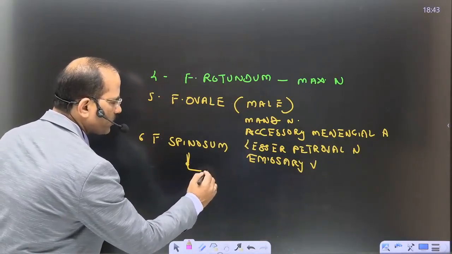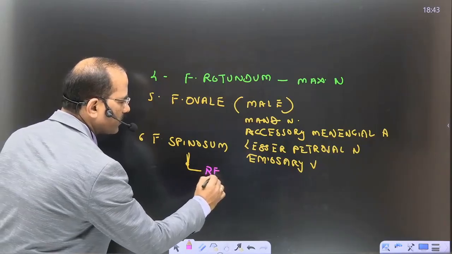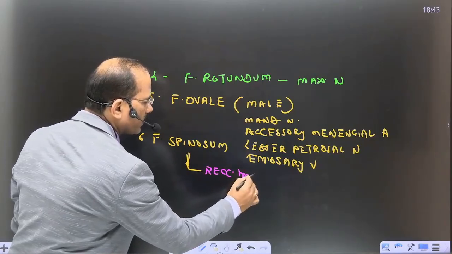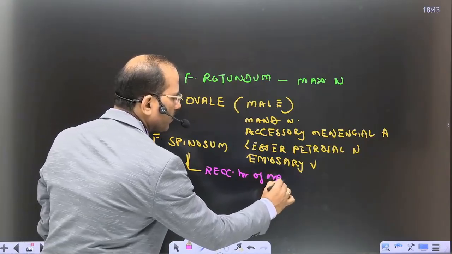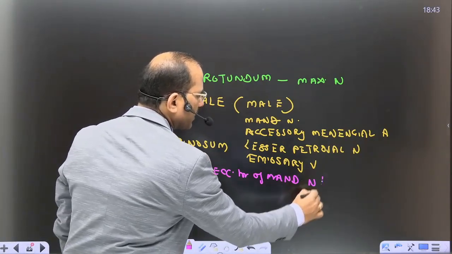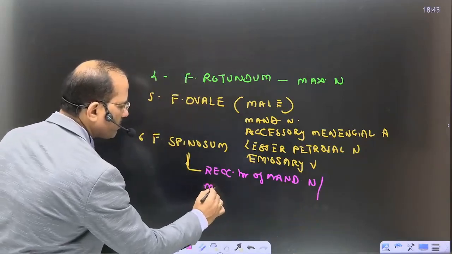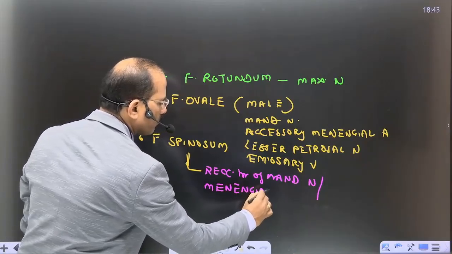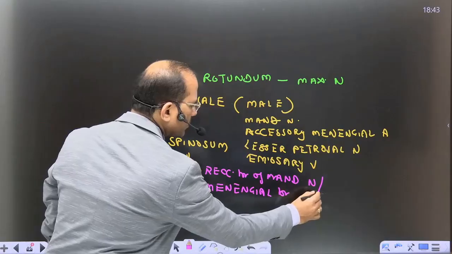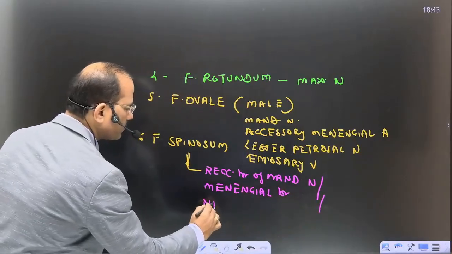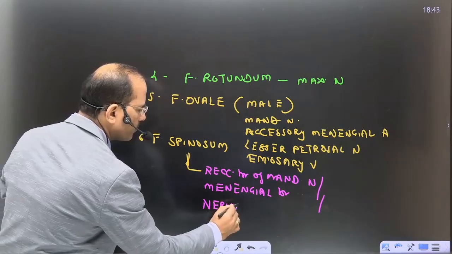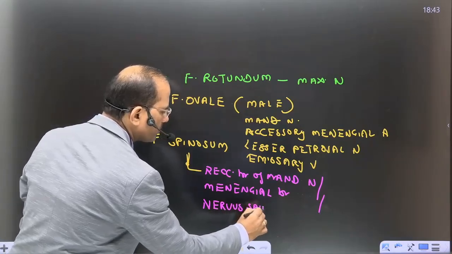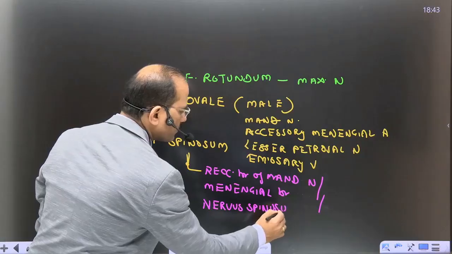Foramen spinosum, yes, a recurrent branch of mandibular nerve, or it is also known as the meningeal branch of mandibular nerve, or it is also known as nervus spinosus.